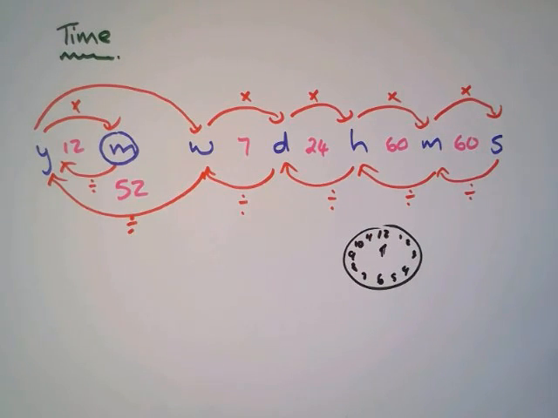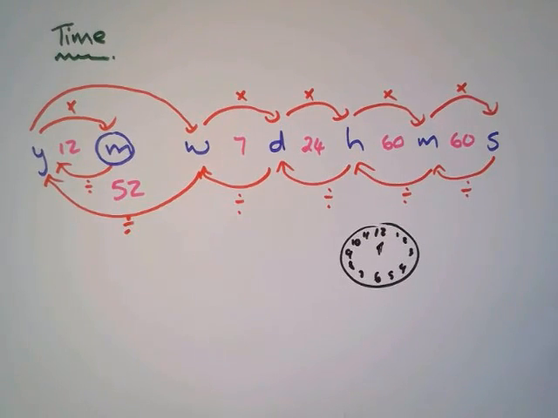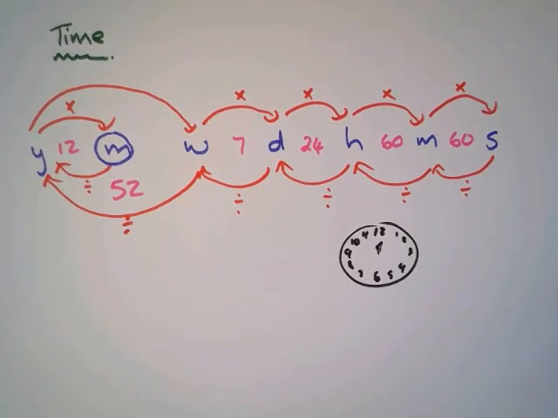What I need to know then is that I have a 24-hour system. With the 24-hour system, I have an AM and a PM. So what is AM, what is PM?